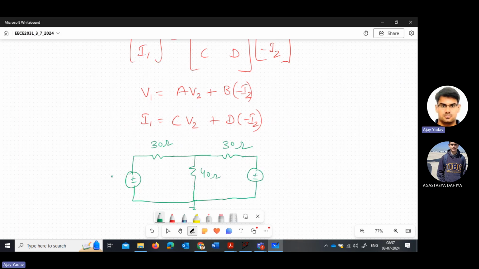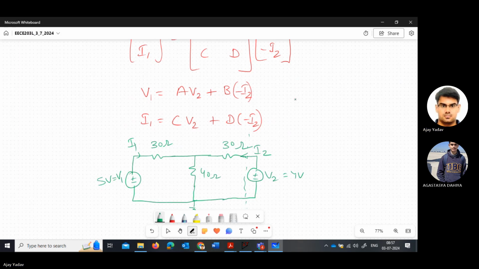Okay, you have a voltage. You can say that it is 5 volt. That is equal to V1, and V2 is equal to 4 volt. This is I1. This is I2. If you want to calculate these parameters, you have to look from the input output side only. If you want to calculate B and D parameter, you have to short circuit the output.